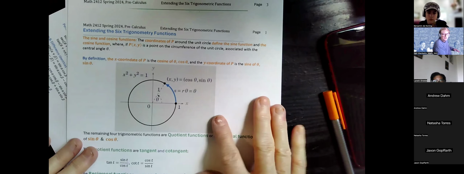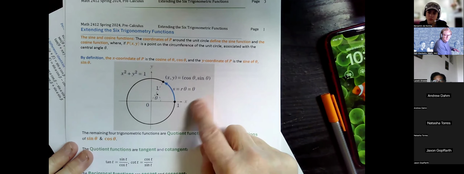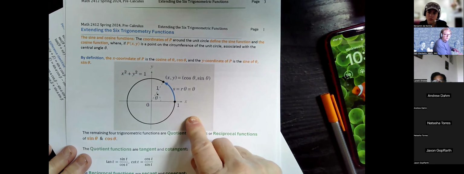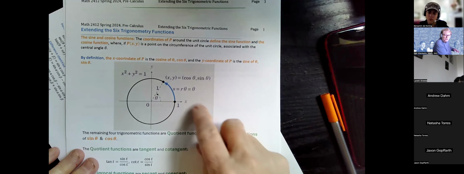Also, I redid this first page of this lesson because I noticed that the image of the unit circle I used here was very, very dim and didn't really show up, and you couldn't see that these are thetas. So I redid that, because why not?